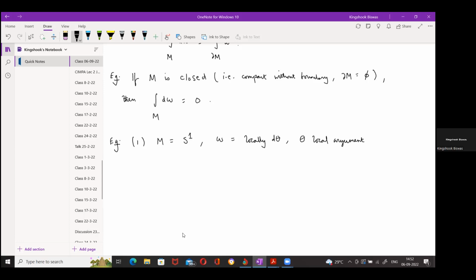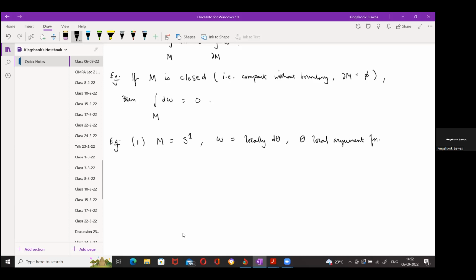So it's a local argument function. Any two branches of the argument differ by an integer multiple of 2 pi, so d theta is well defined, independent of the choice of local branch of argument, right?